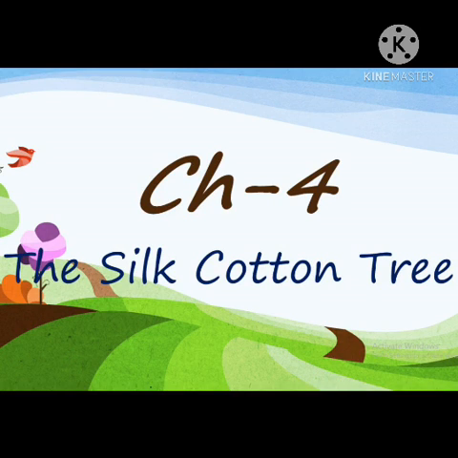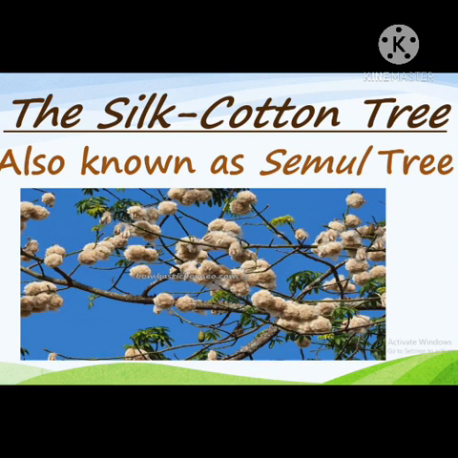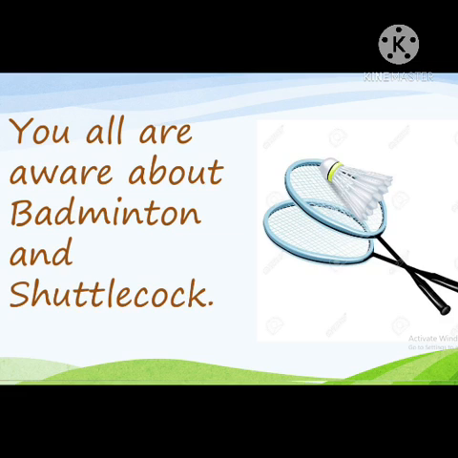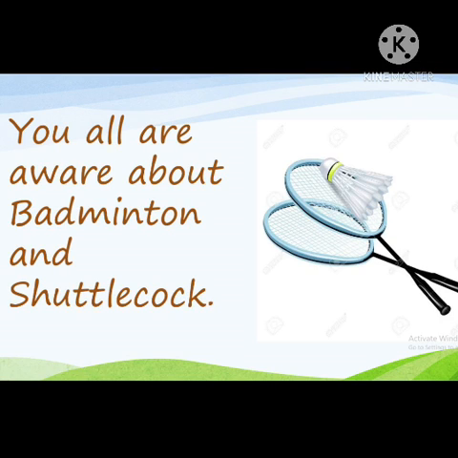Now, let's read a short story of the silk cotton tree. The silk cotton tree is also known as the simul tree. You all are aware of badminton and the shuttlecock. You know that we use it for playing the game.